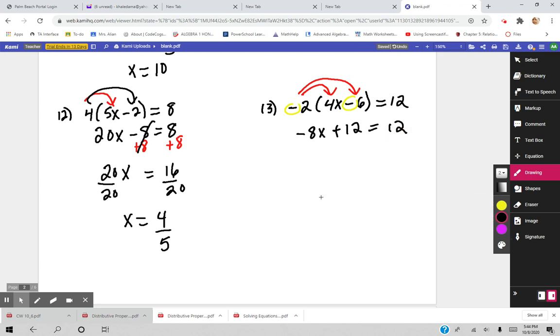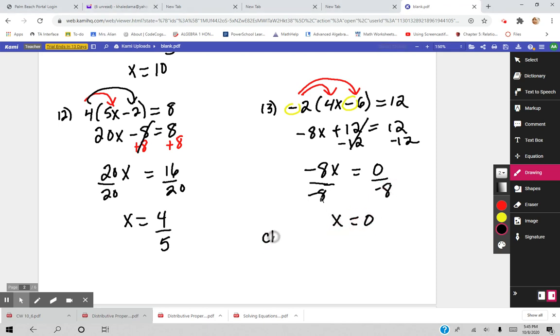Let's eliminate the plus 12 by creating a zero pair. I'm sorry, that's supposed to be a minus. Minus 12. Minus 12 gives us negative 8x equals 0. Divide both sides by negative 8, and x equals 0.